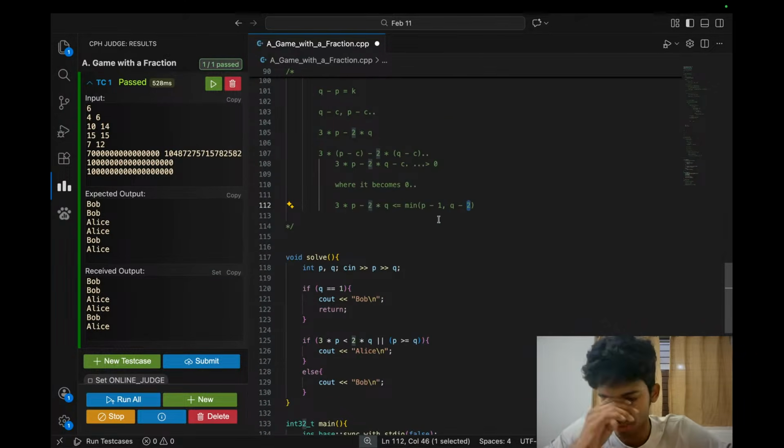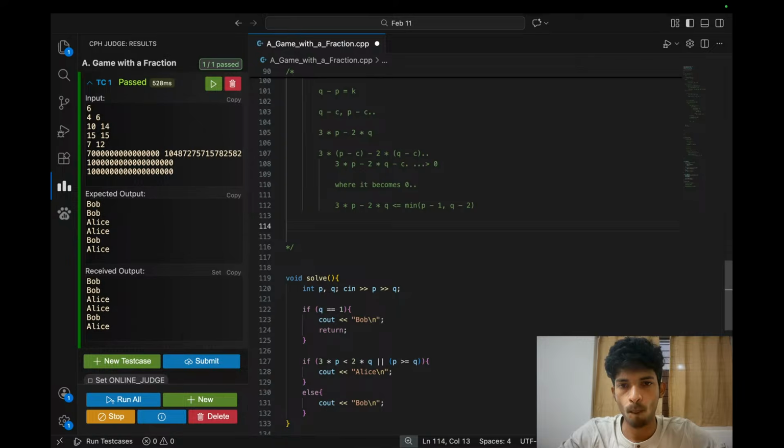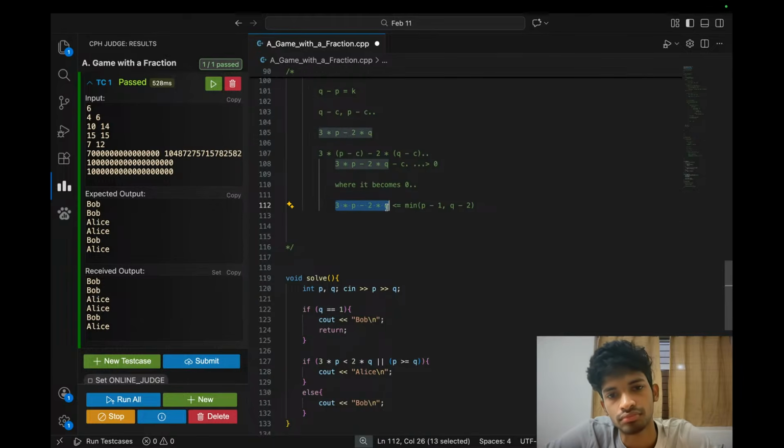But is this the answer? This value will finally become, Q will become 1, P will become 0.